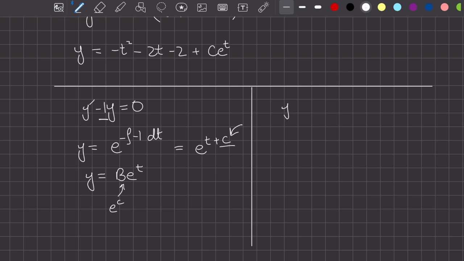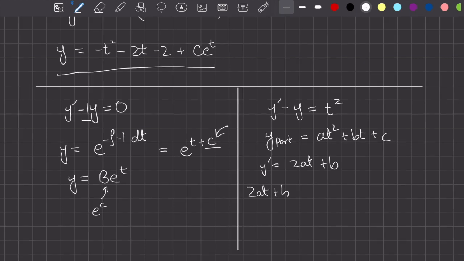The interesting part in this method is finding the particular solution. The right side shows us a t squared term. Therefore, we come up with a particular solution in the same form. Let's say y part equals at squared plus bt plus c, and y prime will be 2at plus b.